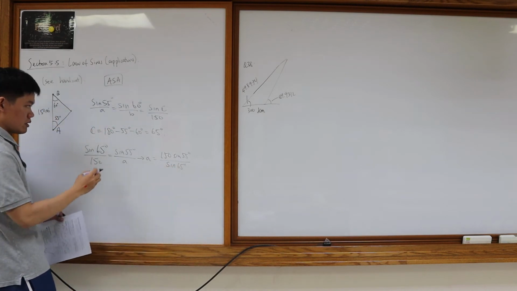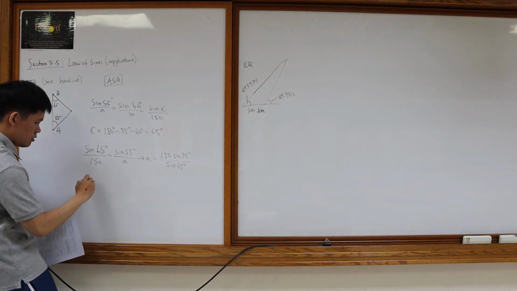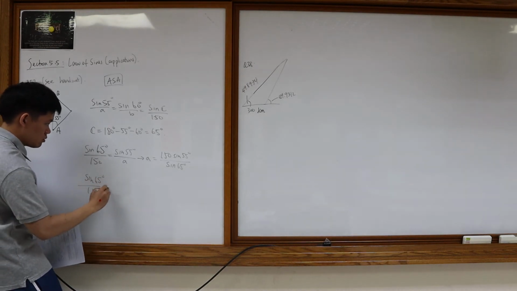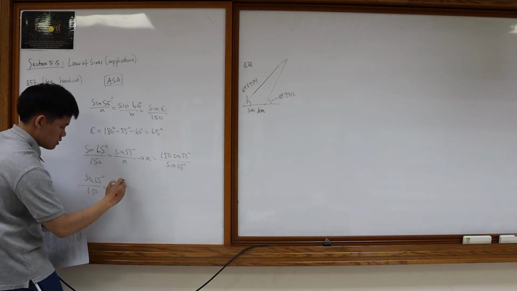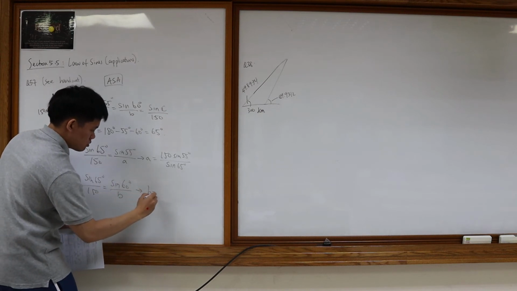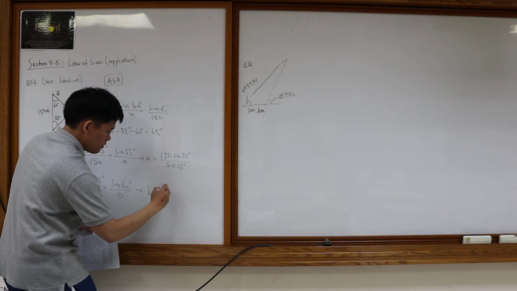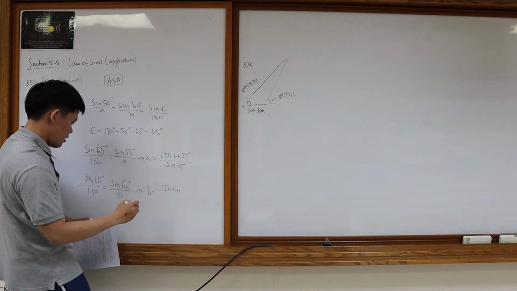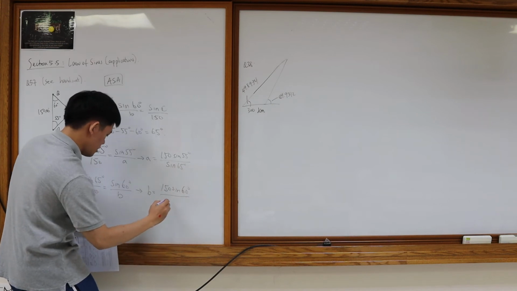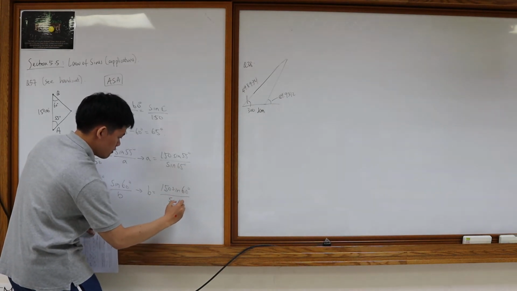And the other one is looking for B. Sine of 65 degrees divided by 150 is equal to sine of 60 degrees divided by B, which implies B is equal to 150 sine of 60 degrees divided by sine of 65 degrees.